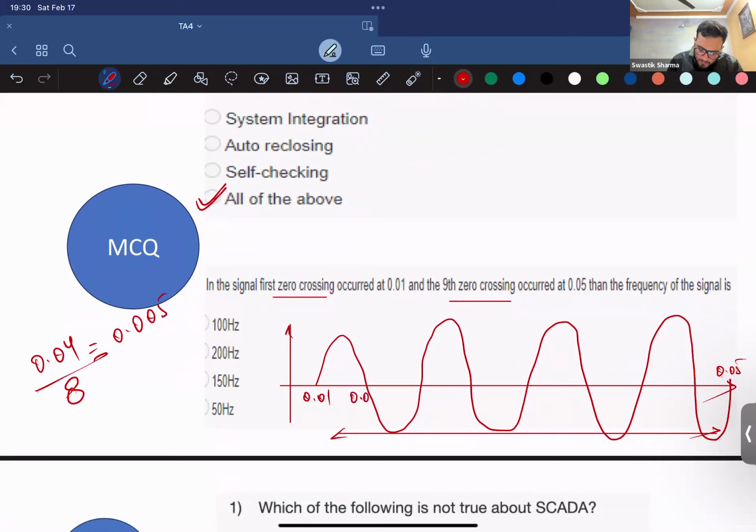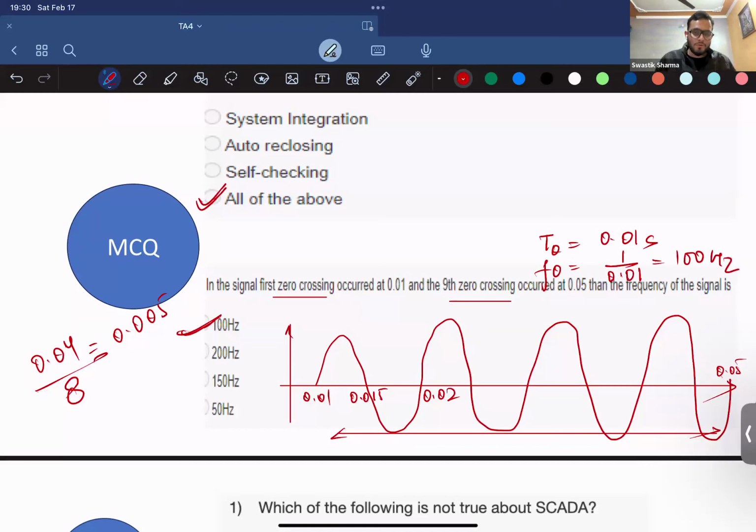So this was 0.015 and this was 0.02. So the time of one cycle is 0.01 second. So the frequency is 1 upon 0.01, which is 100 hertz. So the answer is A.